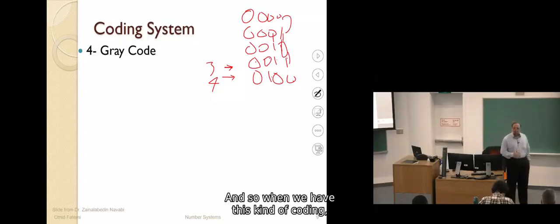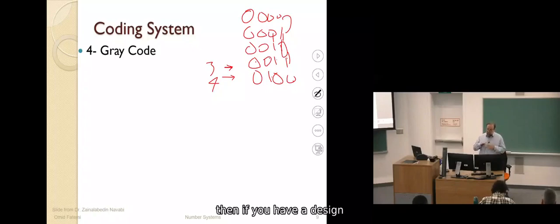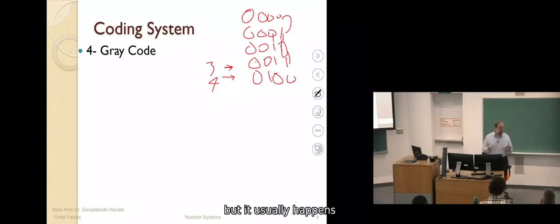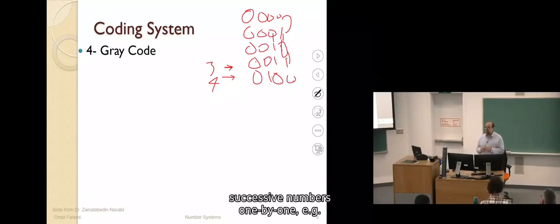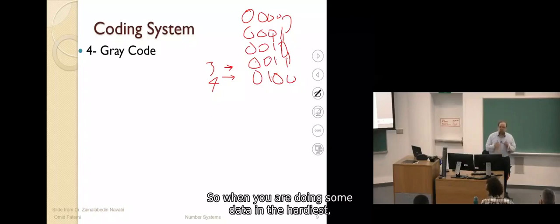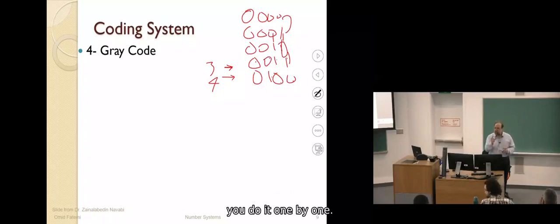When we have this kind of coding, and you have a design that produces successive numbers, which usually happens in design, for example when you are writing data into the hard disk, you do it one by one.